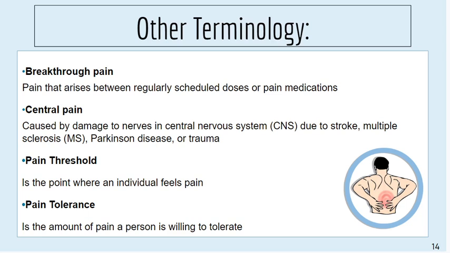Idiopathic, that's that word we talked about before, that just basically means we don't know why they may be having some breakthrough pain. And then end of dose medication. That's the main one when I think of breakthrough pain, is their medication is wearing off before their next dose is due.